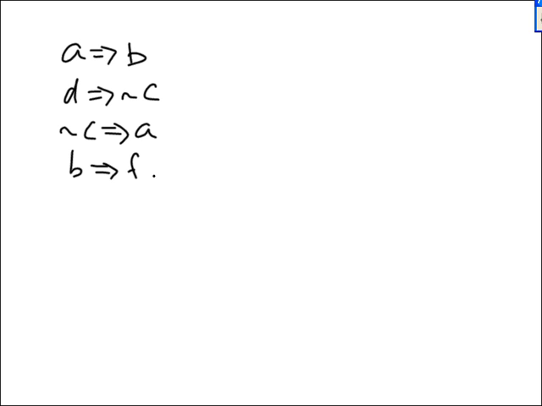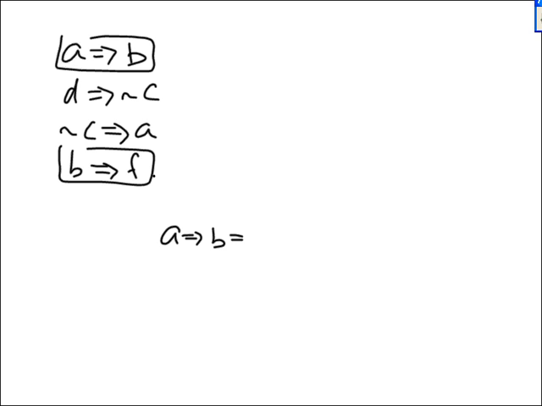Suppose I tell you that A implies B, and B implies not C, and not C implies A, and B implies F. So what you want to try to do is get them linked. For example, A implies B, but B in turn implies F. So I know that A implies F.